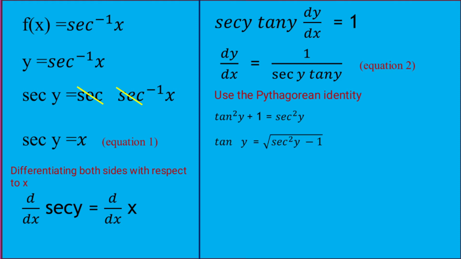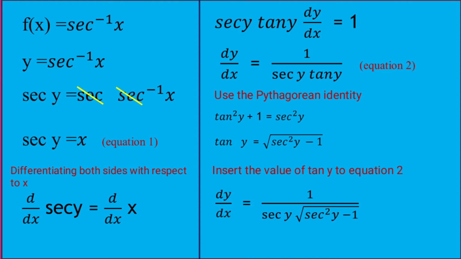So the value for our tangent y is equal to the square root of secant squared y minus 1. And again, we need to insert the value of tangent y into equation 2. So we have dy over dx is equal to 1 over secant y times the square root of secant squared y minus 1.